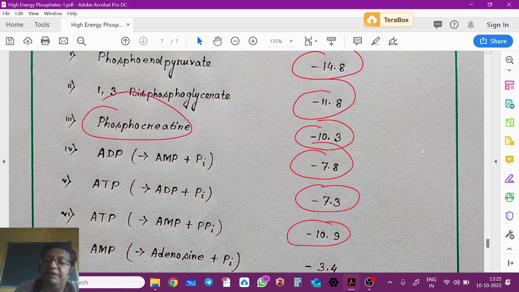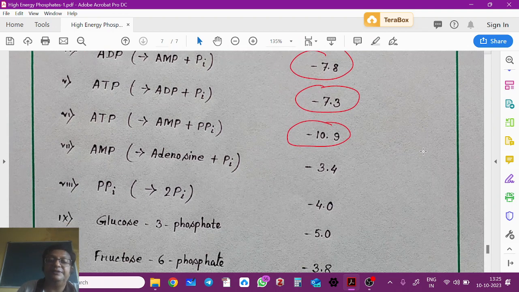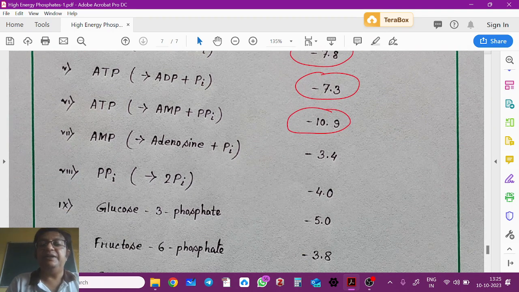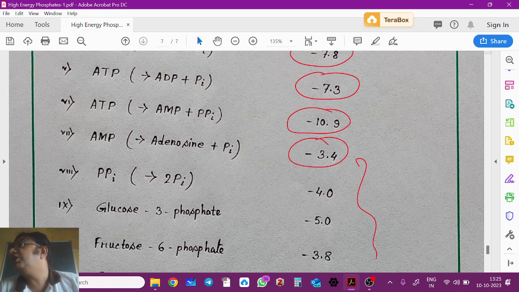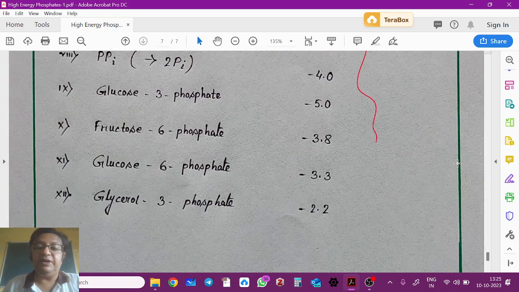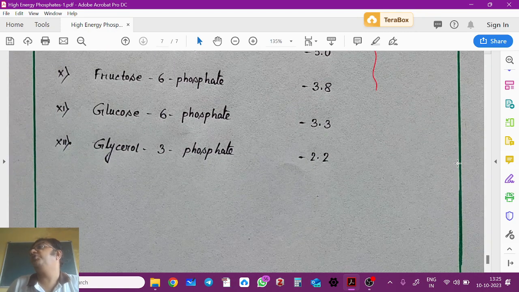Just keep in mind about all these things. One mark questions. AMP minus 3.4, and so forth. But anything below ATP is not high energy compounds. Okay, so this is enough for your studies. For your exam, this is enough. You can read Orgo's note also. That's all.